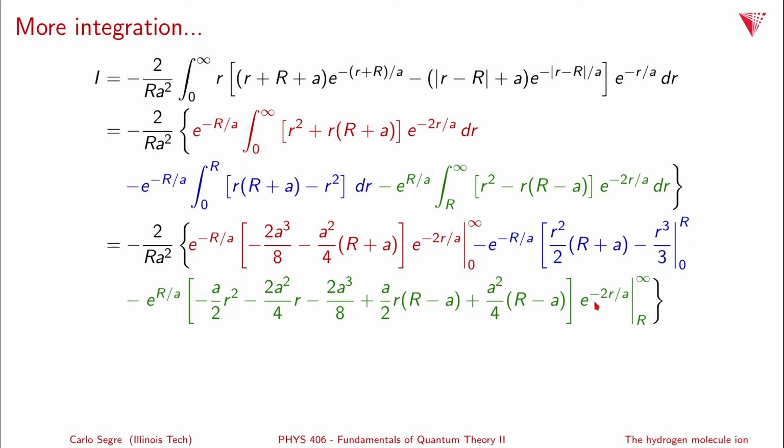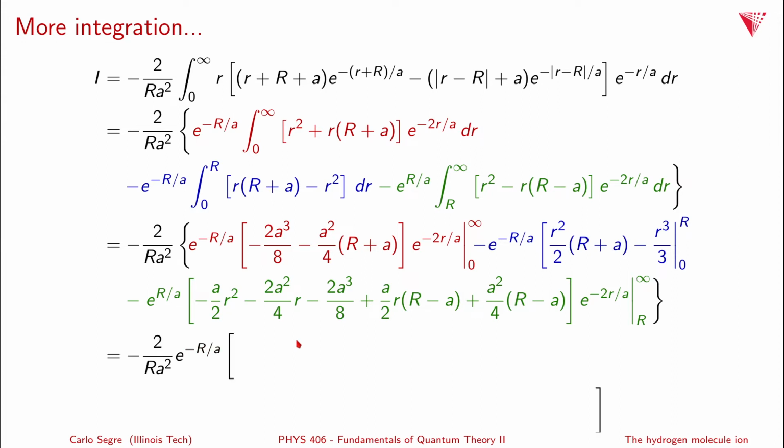And then in the green case, again, the infinity knocks everything out because this term goes to 0. And at r, all these terms survive, and you're left with e to the minus 2 capital R over a times e to the capital R over a, which will combine. And then all these terms in here with the capital R's instead of the lowercase r's.